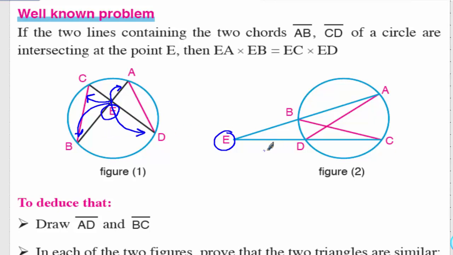The same result here: EA multiply the second part of EA, it is EB.